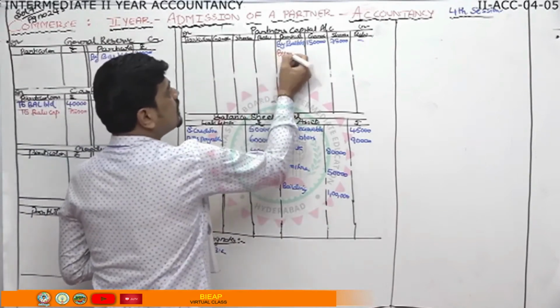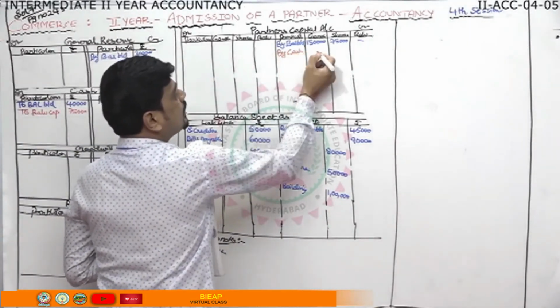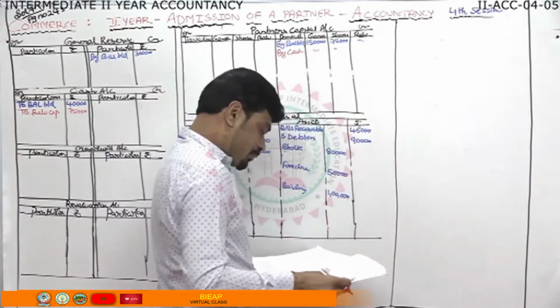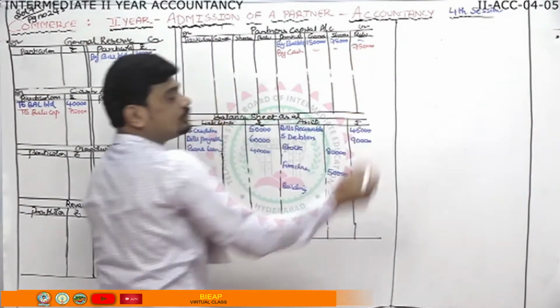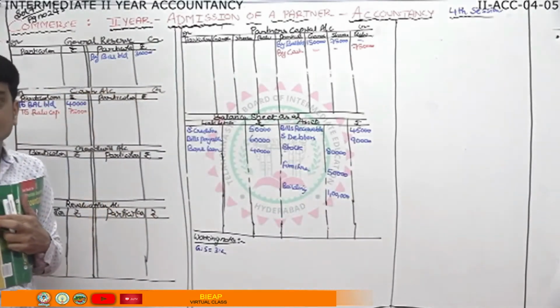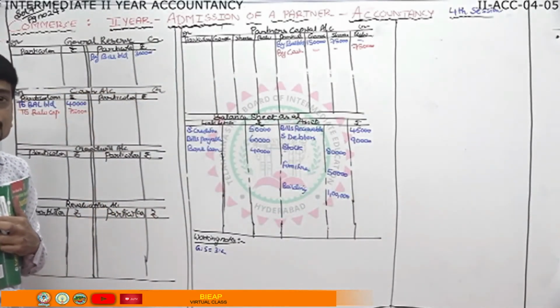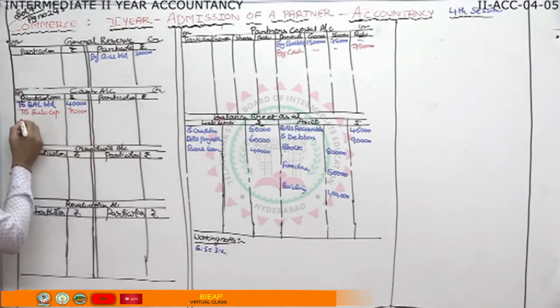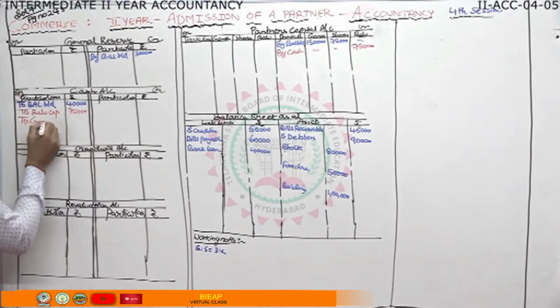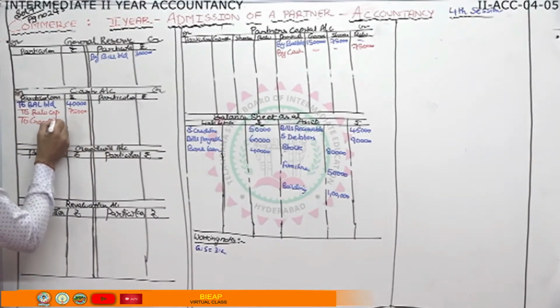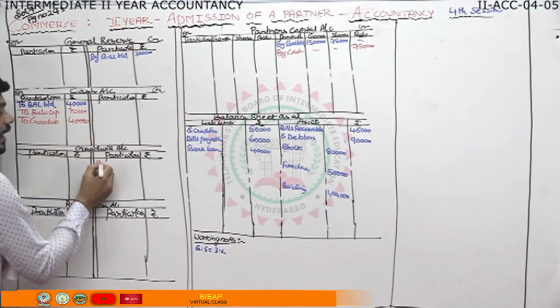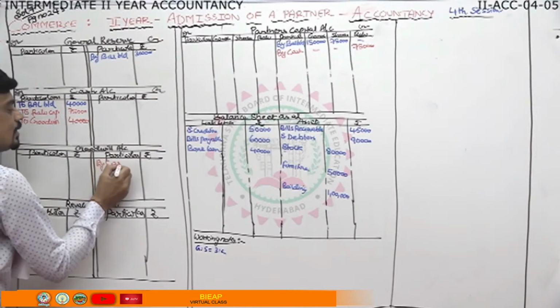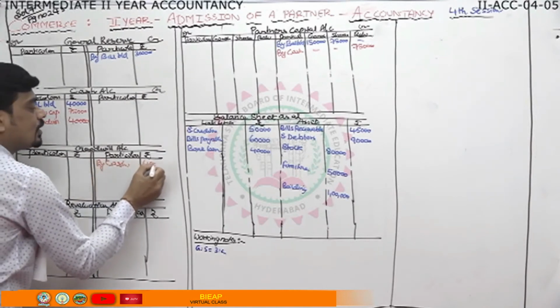Here again, the second effect in Balu's capital, by cash he brought 75,000. Then along with 75,000 capital, he brought goodwill. So again cash account to goodwill, and the amount is 40,000. So in the goodwill account, by cash 40,000.